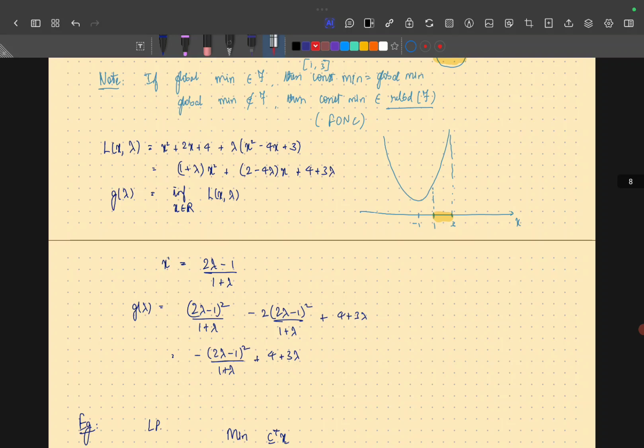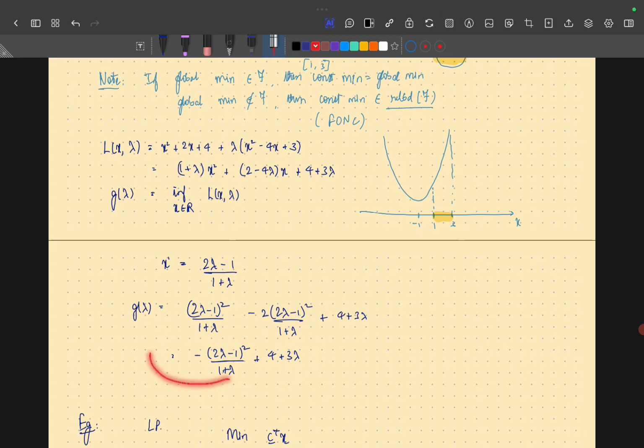The dual optimization problem involved something that was not just quadratic. It was something quadratic divided by 1 plus lambda, something quadratic over linear, right? So in this case, the dual didn't help us solve the primal.